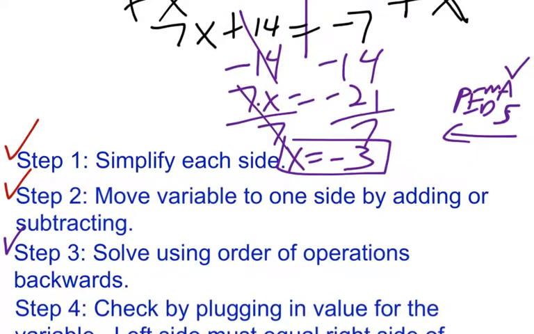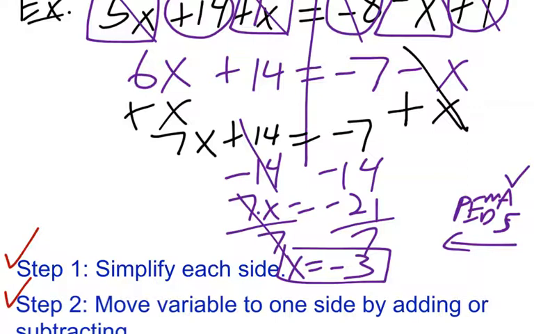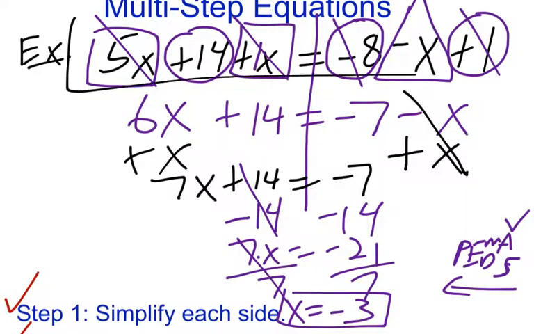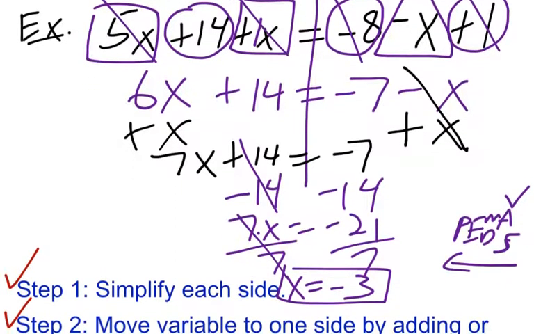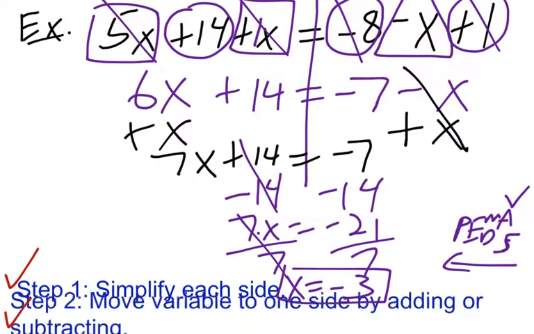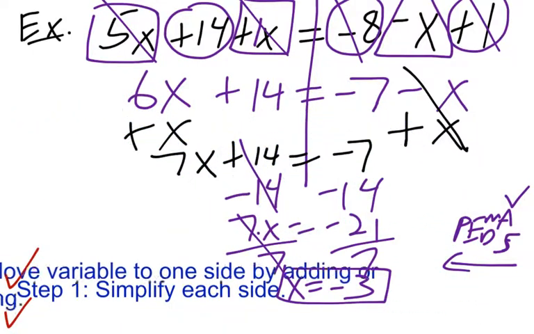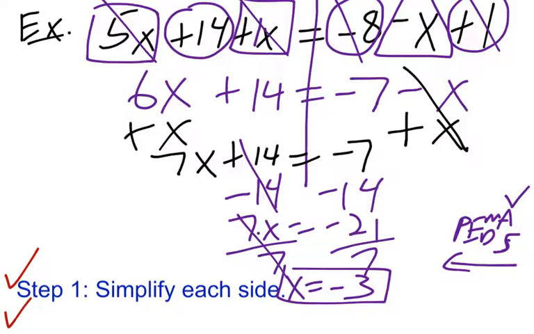So back up to the very top, we had this equation, 5x plus 14 plus 1x equals negative 8 minus x plus 1. Well, I'm just going to plug into that, and I'll show that right here. So I'm going to write down 5.